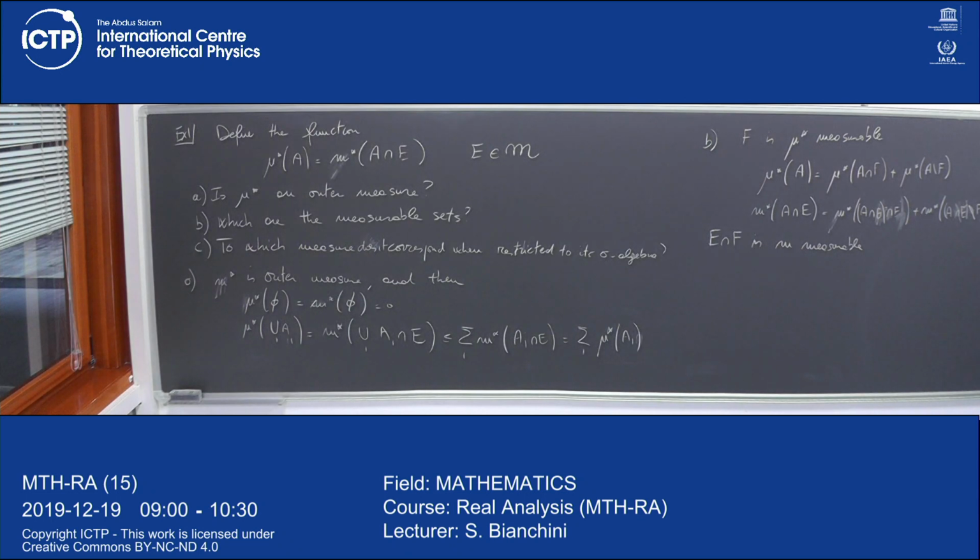So I deduce that if this set is measurable with respect to Lebesgue, this clearly holds. From this I discovered that if F intersection E is in M, then it is mu star measurable.